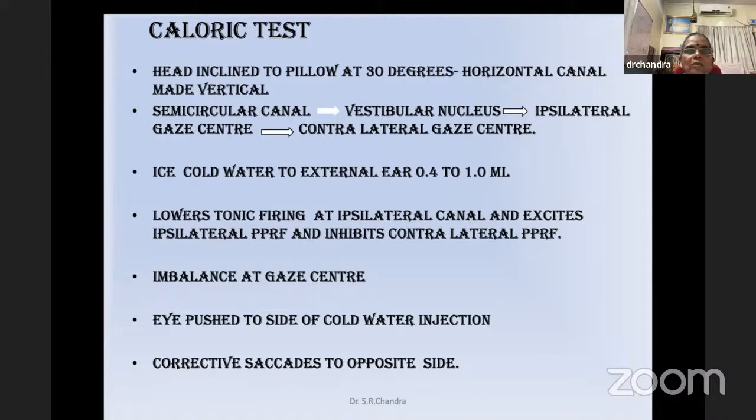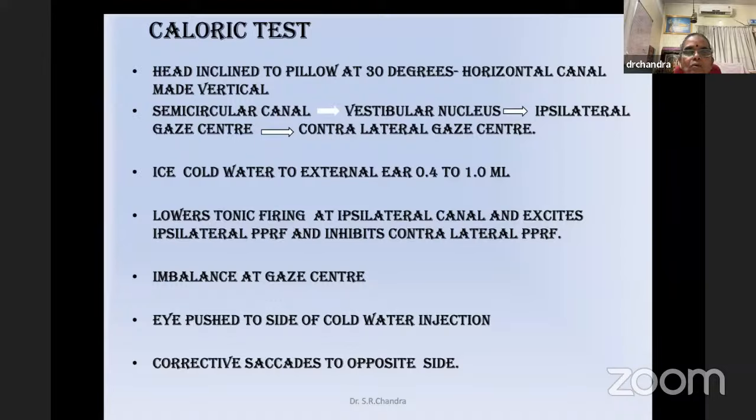The head is inclined to the pillow at 30 degrees. That makes the horizontal canal apparently vertical. When you incline the pillow to 30 degrees, the horizontal canal reaches a vertical position, and the impulse travels through the semicircular canal, goes to the vestibular nucleus, the ipsilateral gaze center, and the contralateral gaze center.